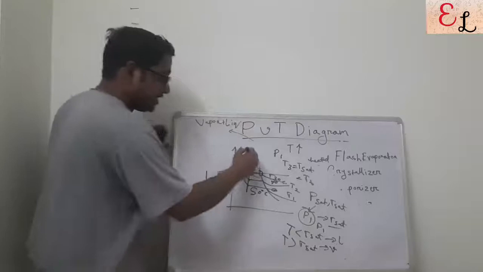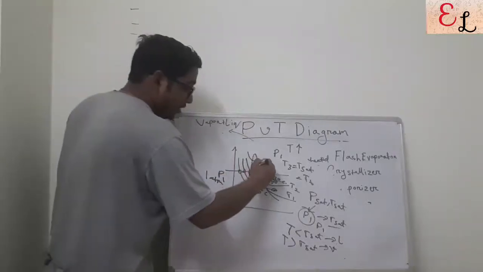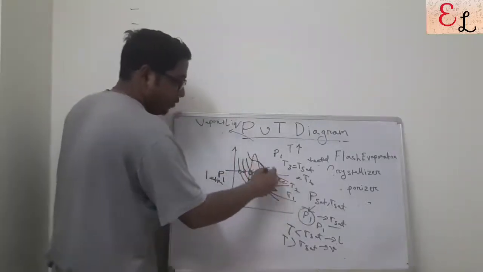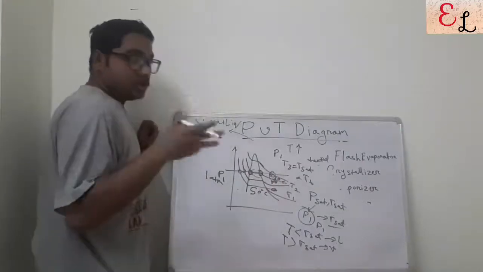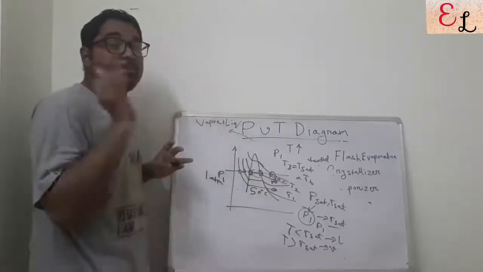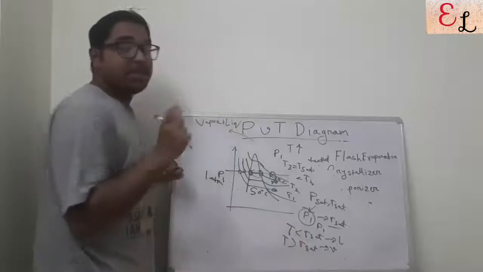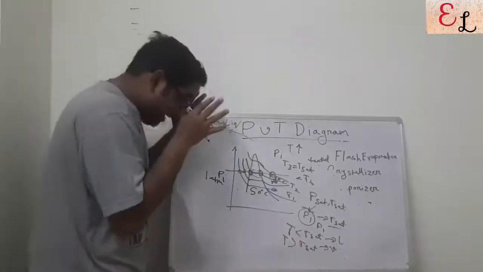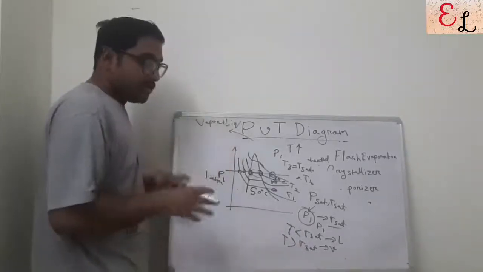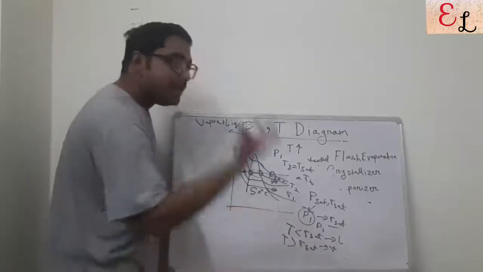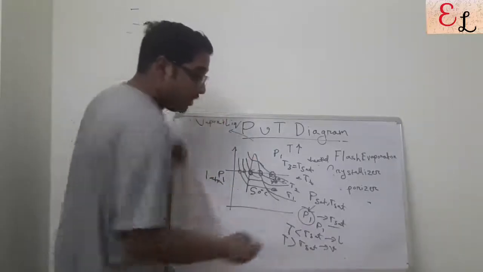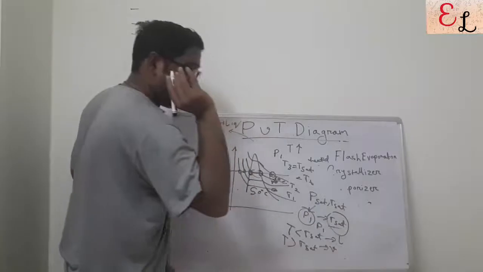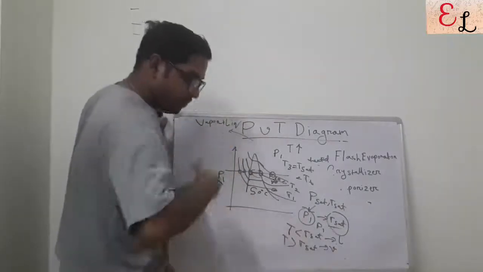So clearly we get the state points depending on the pressure and the temperature. Temperature and pressure are the driving factors. So if at a particular pressure I boil the water and increase the temperature, first Tsat will be touched, and it will start forming vapors.